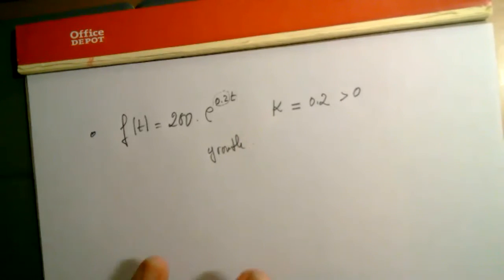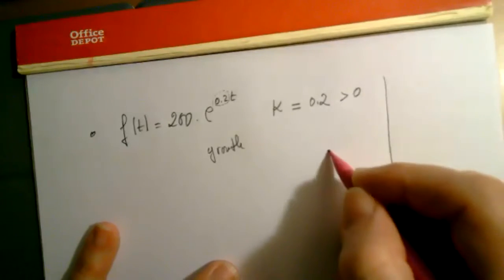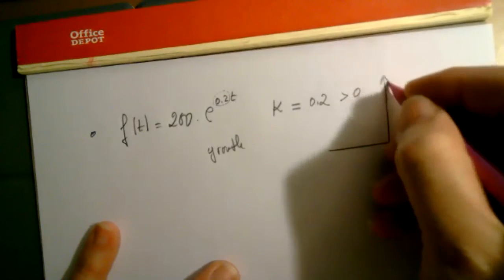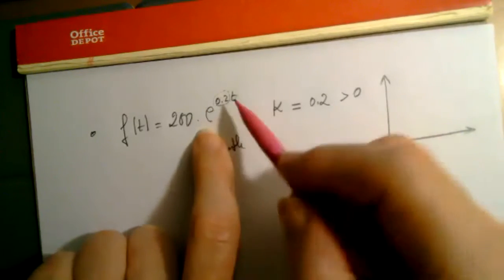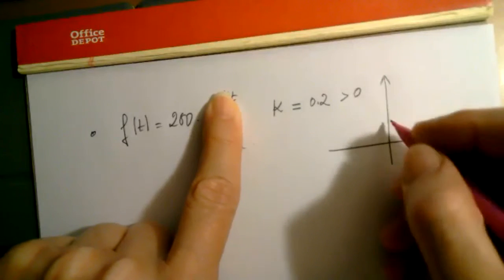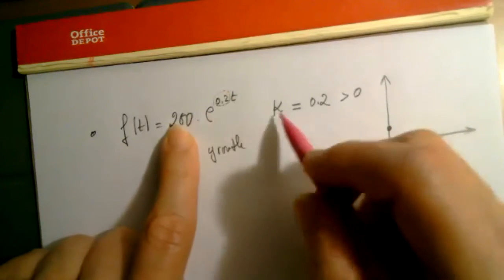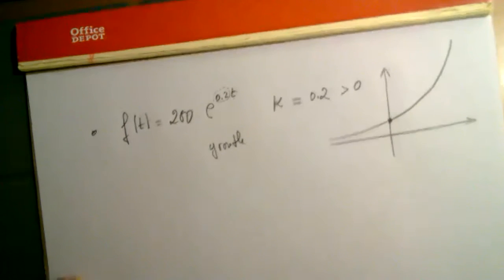I'm not finding b on purpose. I want you to realize, when you see it, how the function is going to look when graphing. At 0, if t is 0, I will have e to the 0, so it starts at 200. And because k is positive, that's exponential increasing.